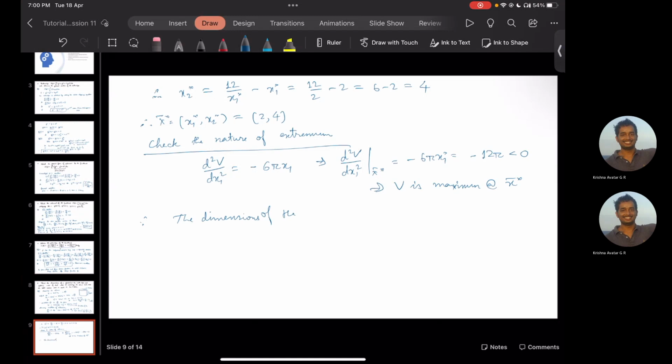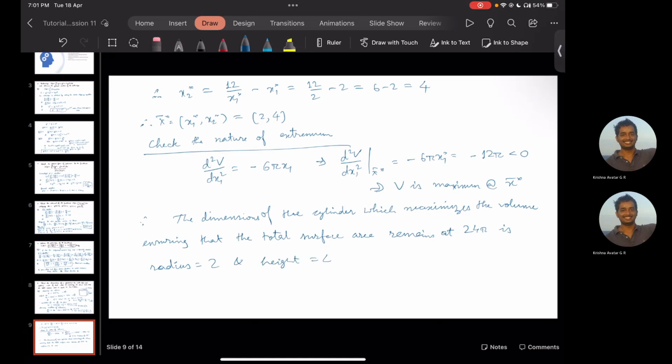So therefore, the dimensions of the cylinder which maximize the volume, ensuring that the total surface area remains at 24 pi, are: radius is equal to 2 and height is equal to 4.